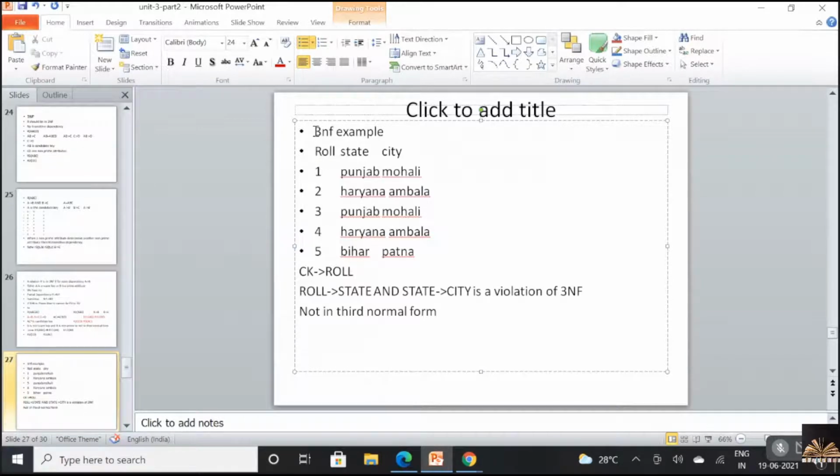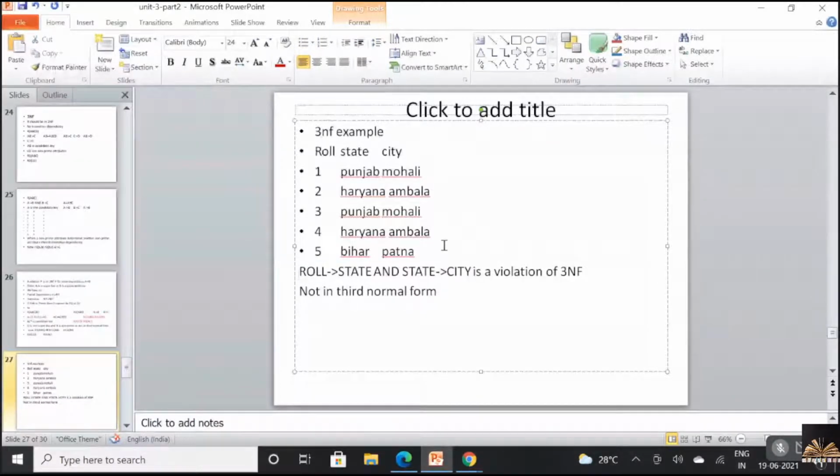Roll number 1, state is Punjab, city is Mohali. 2, Haryana, Ambala. 3, Punjab, Mohali. 4, Haryana, Ambala. And 5, Bihar, Patna. Now see, I just removed the roll number. Looking at the table, what are the functional dependencies that are existing? Roll number implies state is the functional dependency.